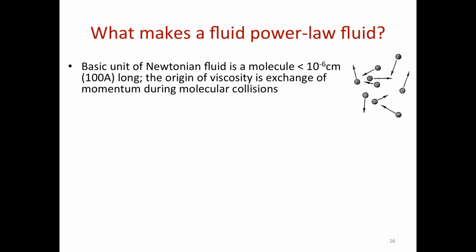So what makes this fluid a power law fluid? Typically, when I have a Newtonian fluid, I have simple molecules moving around. And the origin of viscosity, we saw that for gases very well, is basically intermolecular collisions. If I actually have polymers in the fluid, polymer chains can get much larger than a single molecule.